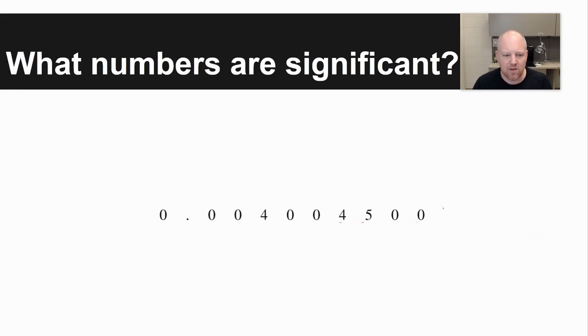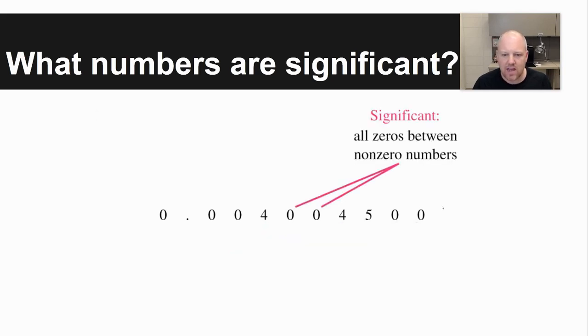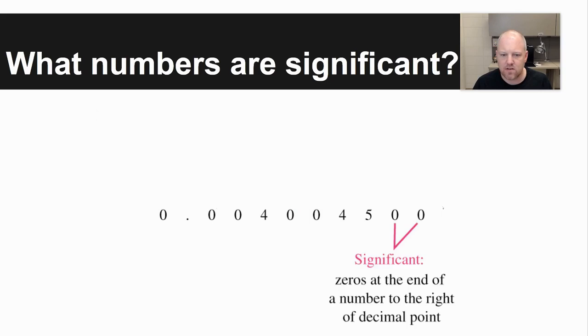So when you look at significant figures, I just have the number here that looks really small right now, but you'll see in a second why it's so small: 0.004004500. Some numbers that are significant: any non-zero numbers, so 1 through 9, are always significant. Any numbers that are trapped between non-zero numbers are going to be significant figures.